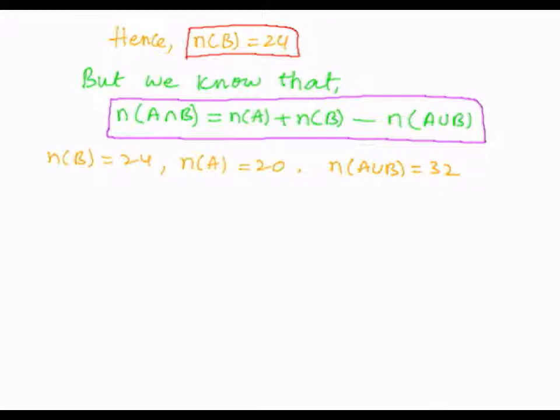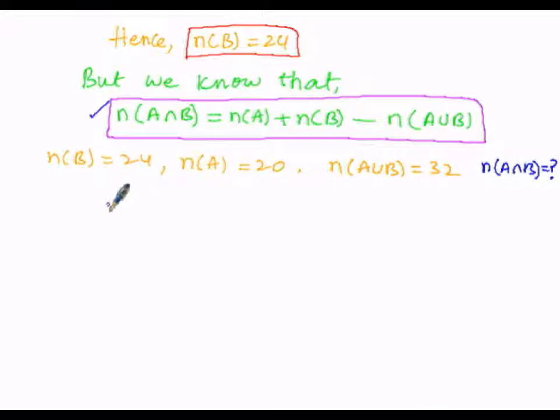So here n(A intersection B) is unknown, it is to be found. Let us replace these values in order to find out n(A intersection B) in this formula.